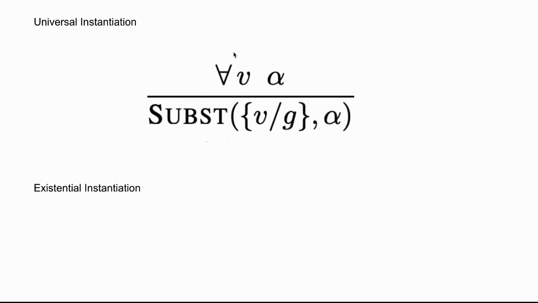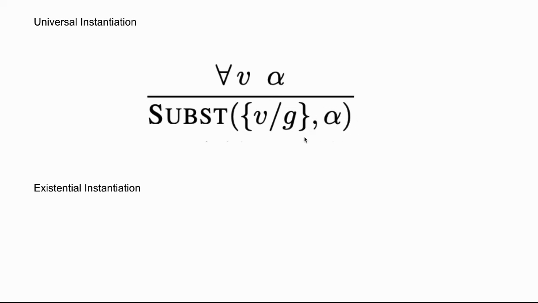So let's say your statement is, for all v, which is a variable, alpha is true. Then you can substitute any object g in place of the variable v. This is the syntax by which it is written: SUBST stands for substitution, and inside the curly brackets you have v/g. What that means is that in place of v you are going to write g.